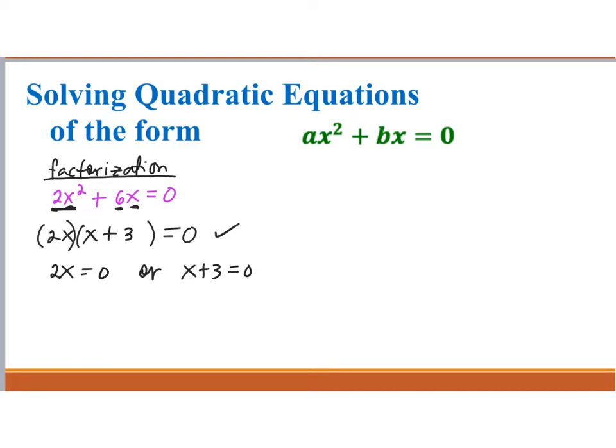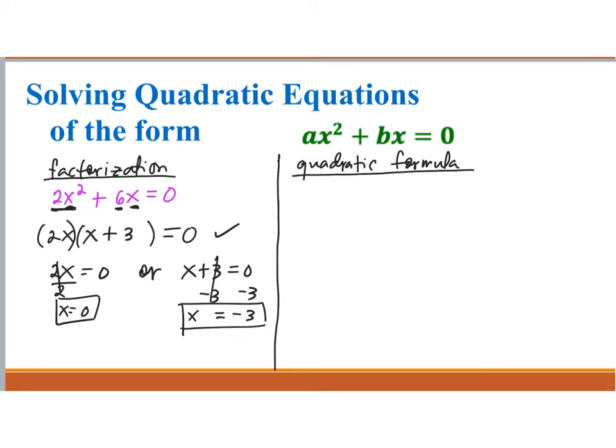To solve the first one, divide by 2, the 2 cancels out, x equals 0. That is one solution. For the second linear equation, subtract 3 on both sides, and we get x is equal to negative 3. And that is the other solution.